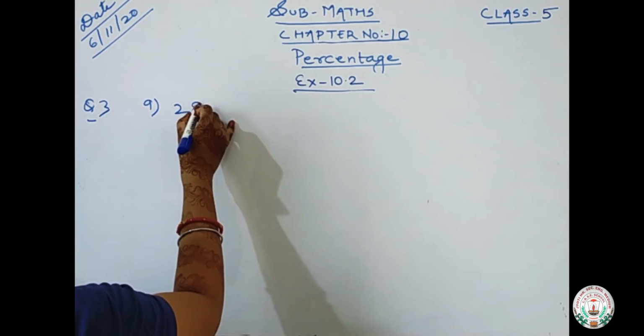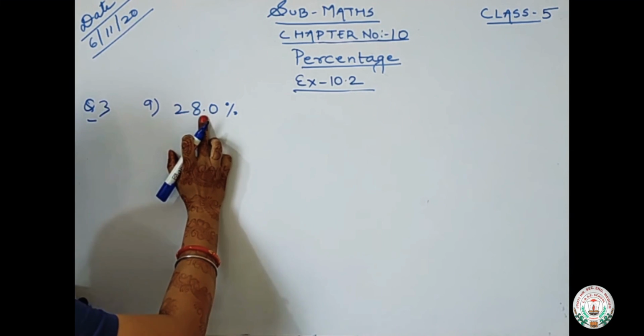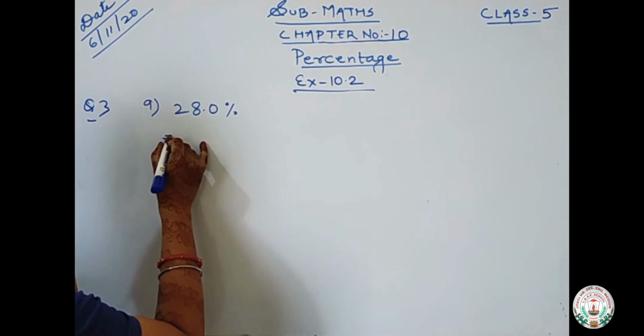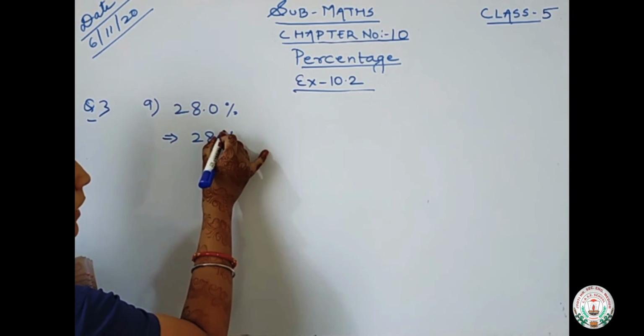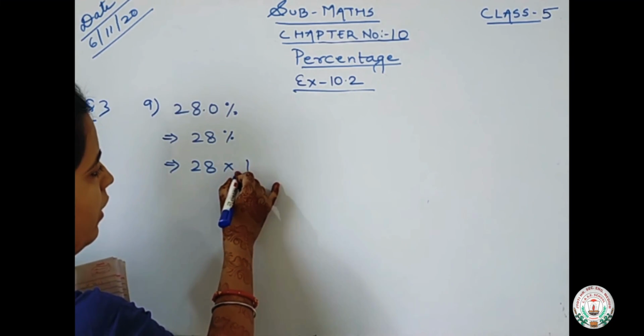Number 9 is 28.0%. Now, as you can see here, after the point 0 is there. So, 0 is having no value, so we will take it as 28%. Now, we will solve. 28 into 1 upon 100.